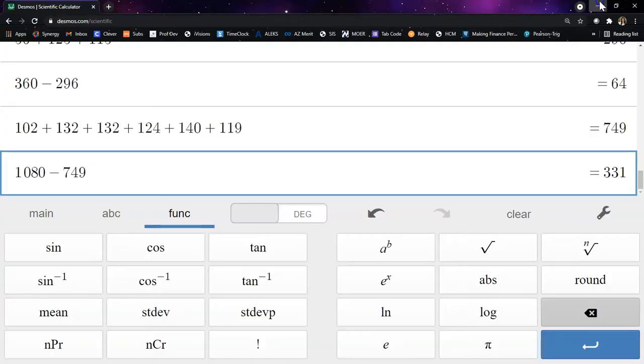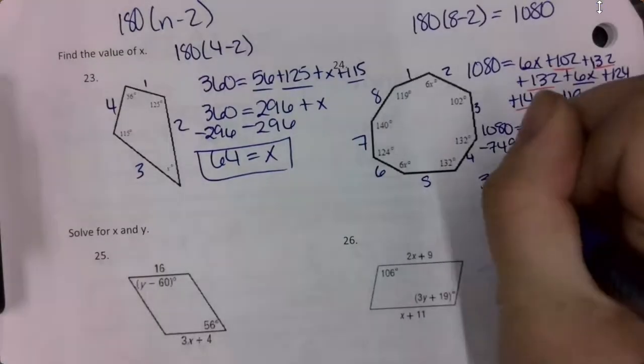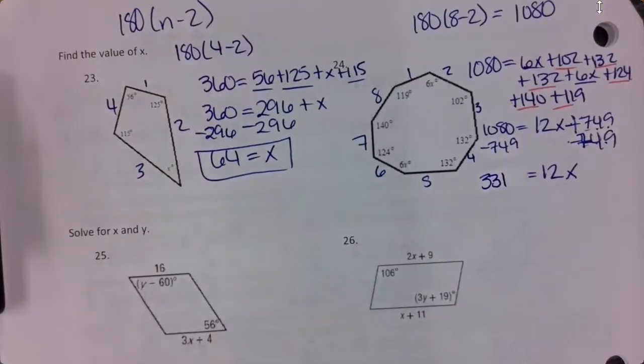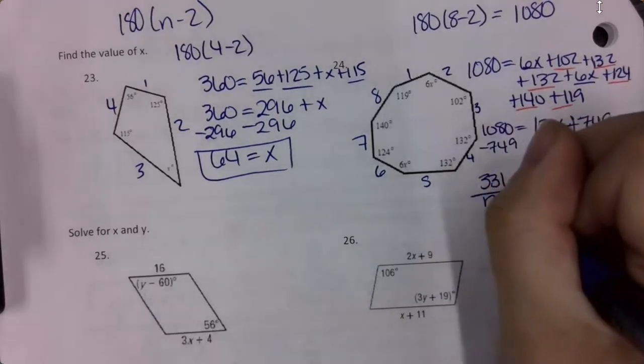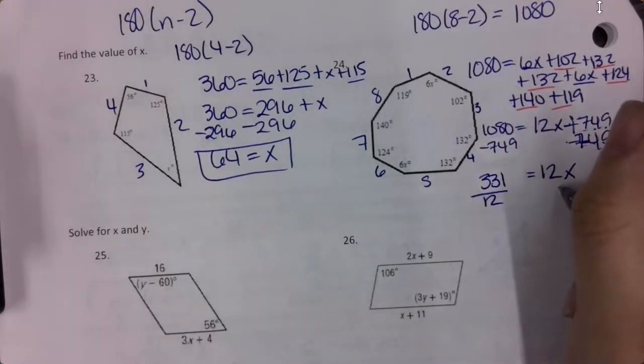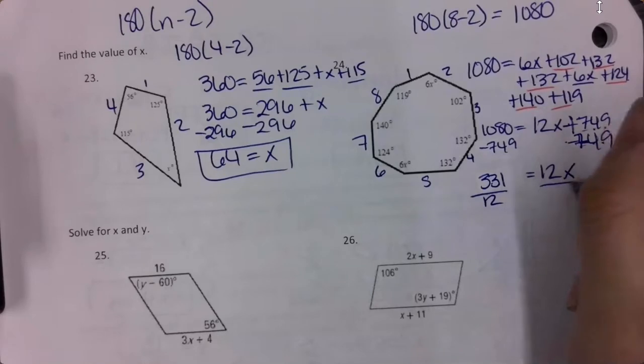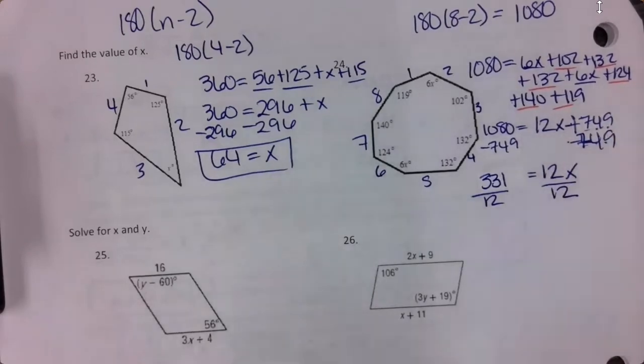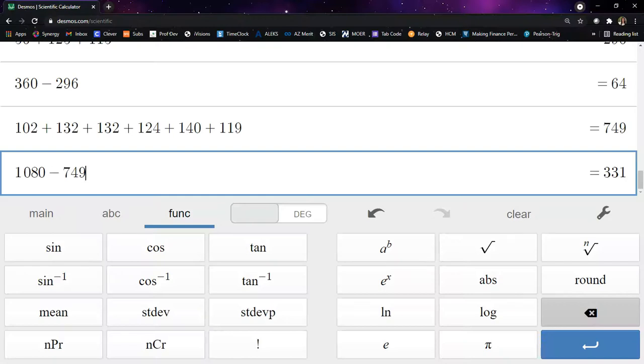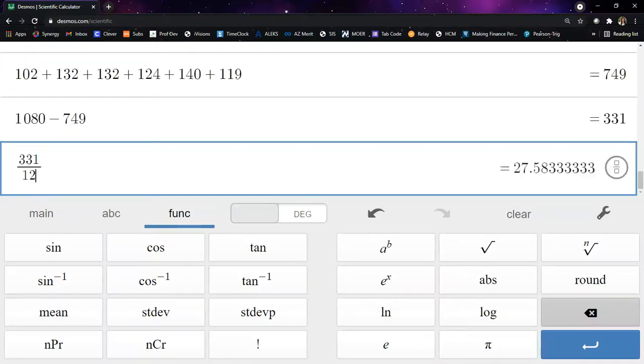Which gets us 331. Then I want to go ahead and divide both sides by 12. Which gets us 27.6.